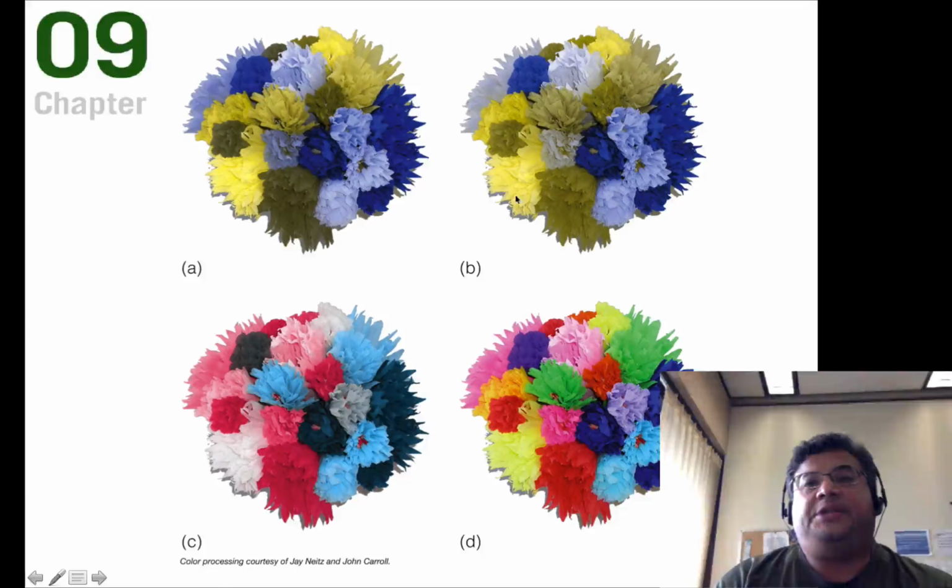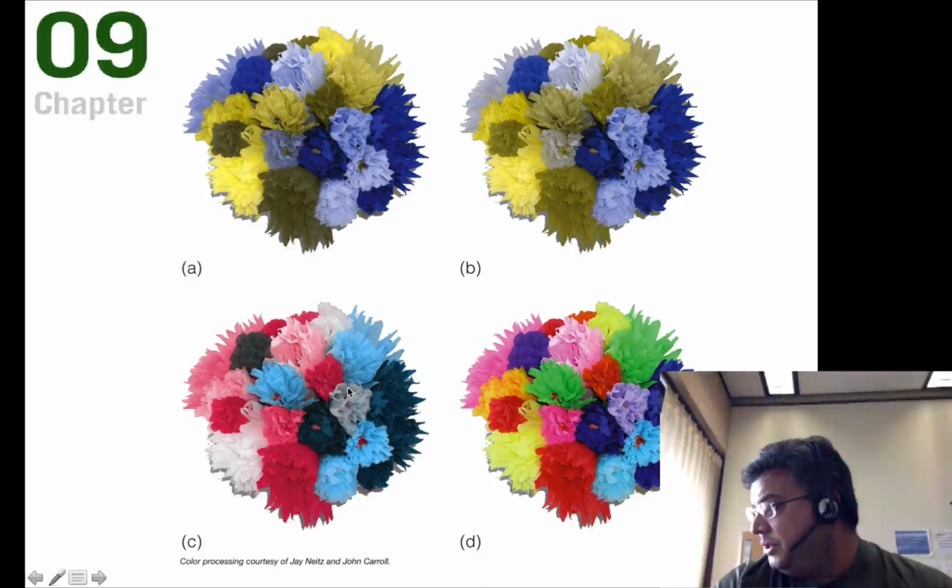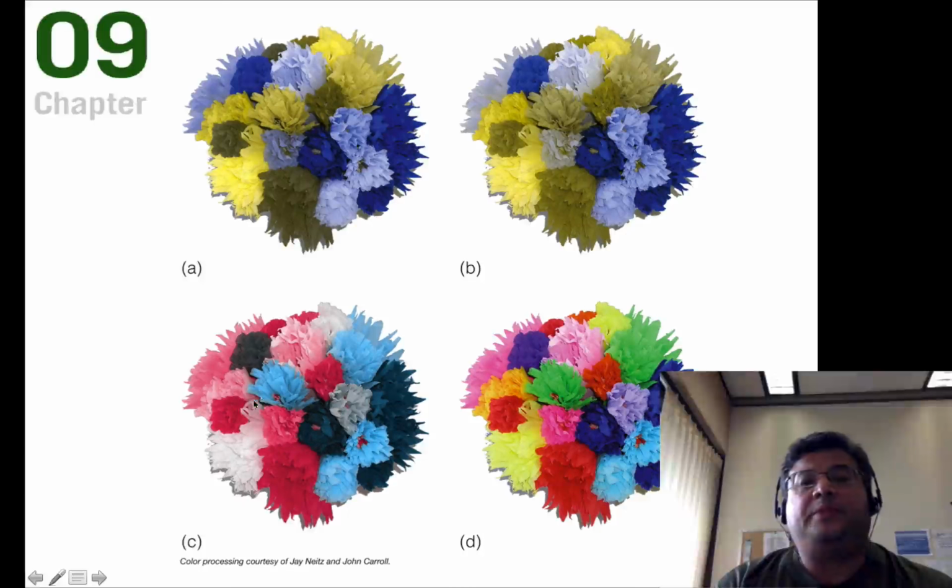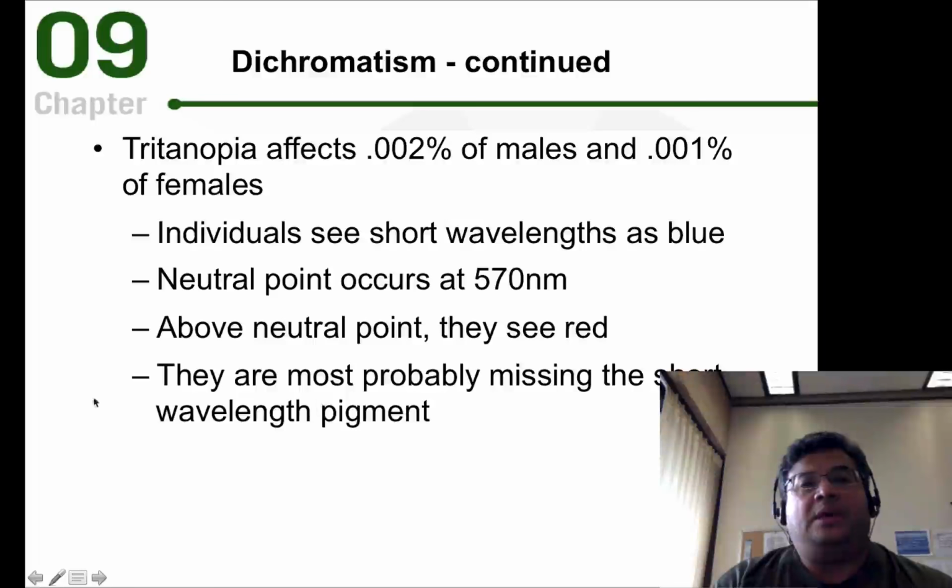Notice the slight variations here, right? The green. Notice how here the greens are kind of washed out because they don't have those receptors. This is how the world looks to tritanopes, right? The ones that are missing the short wavelength pigments.